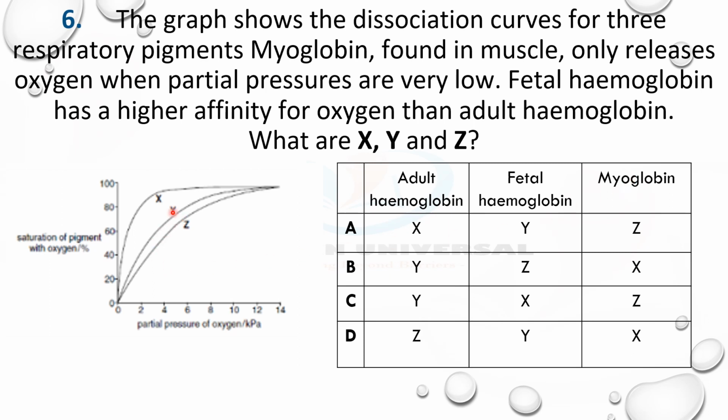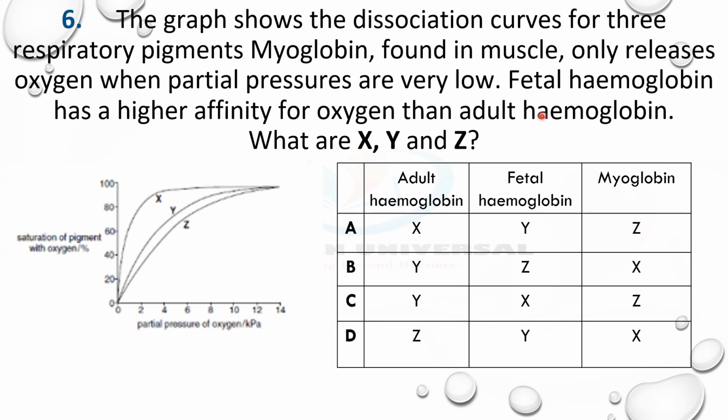The next one is Y. Y has higher affinity because if you check at this pressure, the percentage saturation of Y is greater than that of Z, and we have adult and fetal hemoglobin left. Which one has higher affinity?